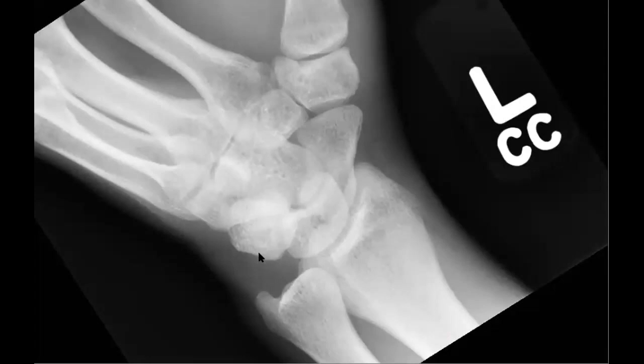Scaphoid, lunate, and this one will be triquetrum, okay, and this one trapezium, and you can see in the trapezium there is a fracture, trapezoid, capitate, hamate.